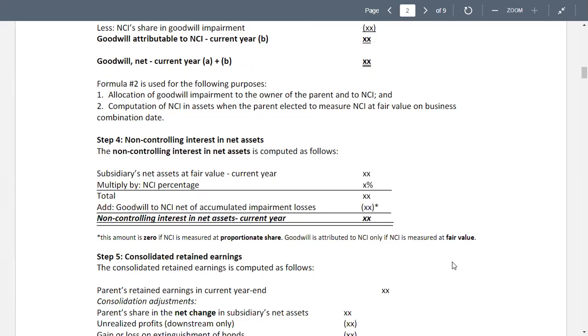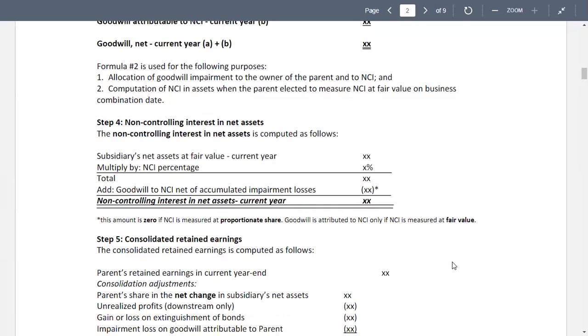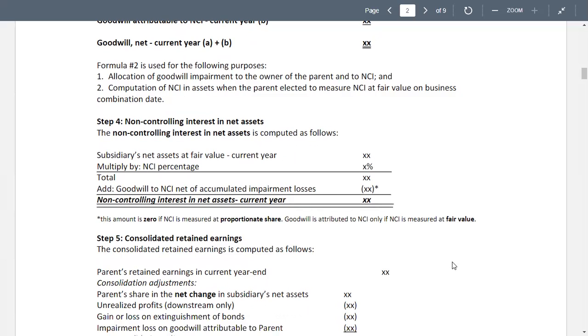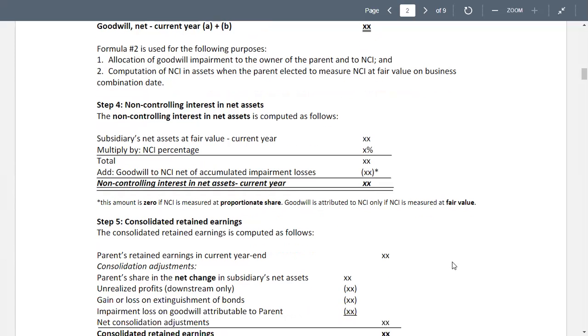Parent share in the net change in subsidiary's net assets. We have the unrealized profits for downstream only. And we have the gain or loss on extinguishment of bonds. We have to deduct impairment loss on goodwill attributable to parent. Now we have the net consolidation adjustments.